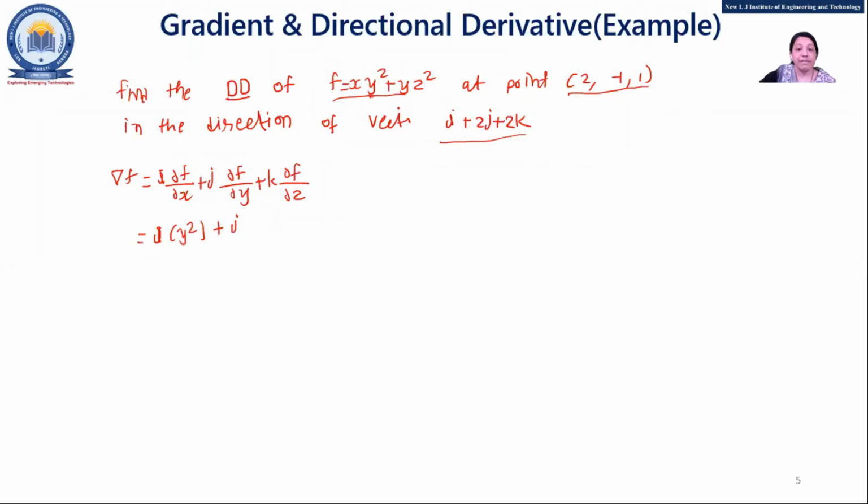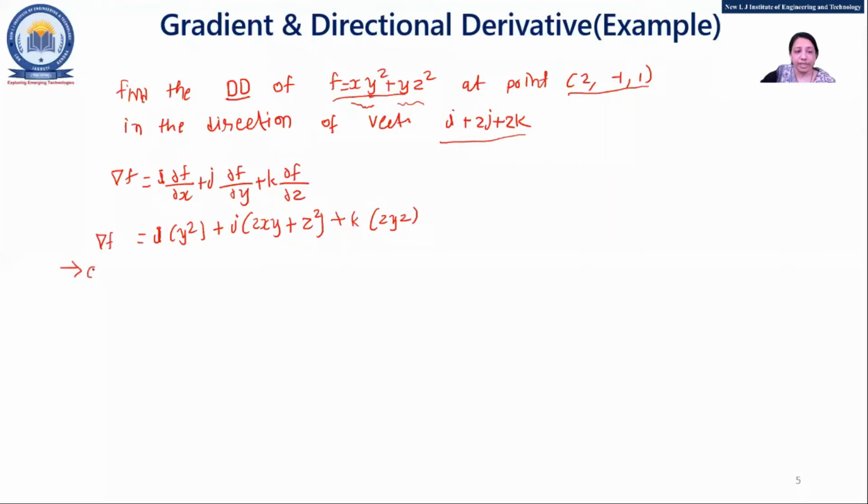For j, del f by del y: y is in both terms, xy square and yz square, so we consider both. First is 2xy plus constant z square. Now k into del f by del z: only this term, so we write 2yz. So this is the equation of grad f.